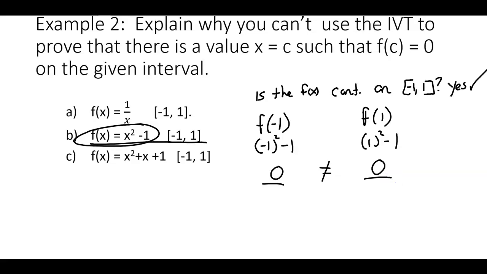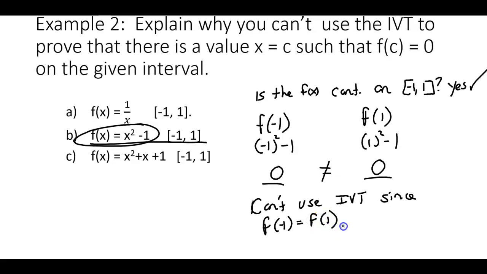They have to be different. So for this one, we're going to say can't use IVT, since f of -1 is equal to f of 1. They have to be different. They can't be the same.